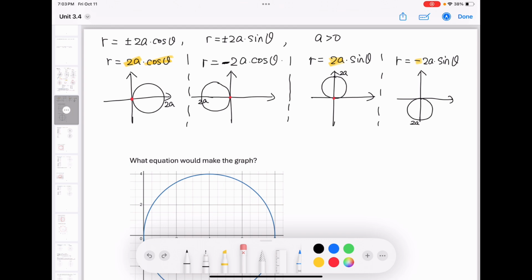Because I'm assuming this is the polar coordinate plane. So this is 1, 2, 3. So the distance is 2a. The distance of the diameter is not talking about the x value being positive 2a or negative 2a on the xy plane.